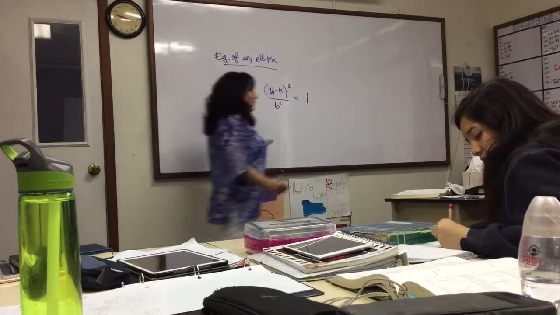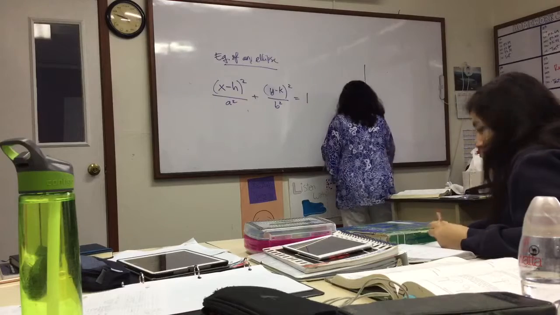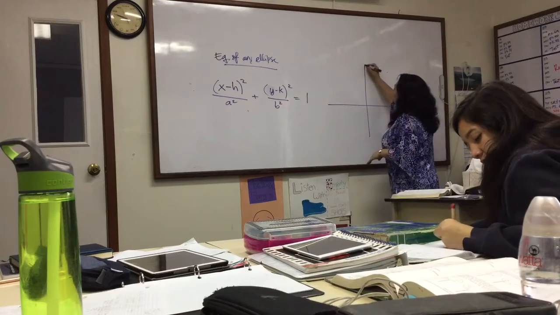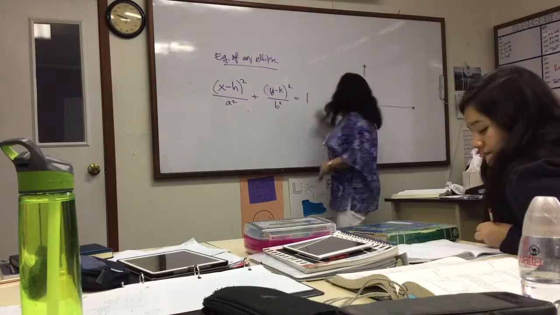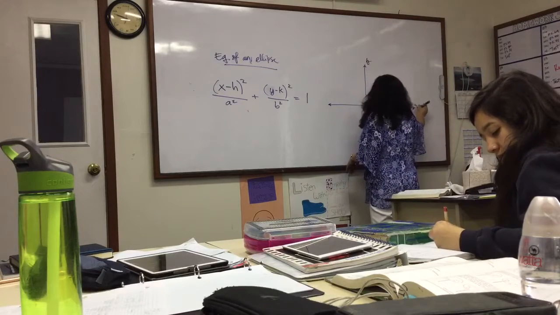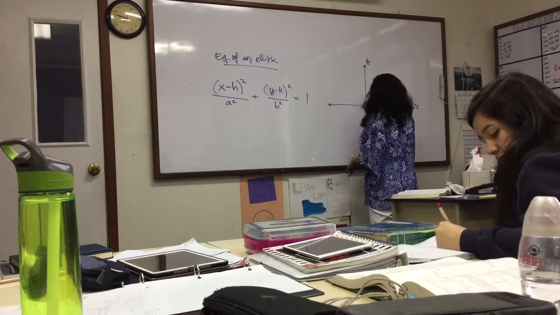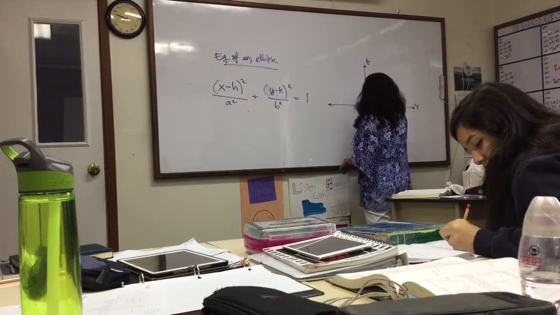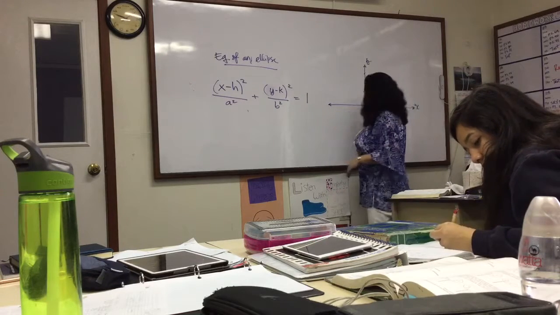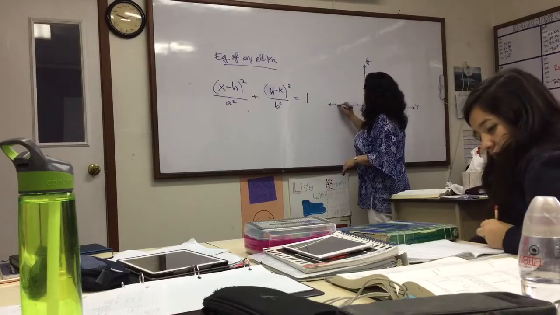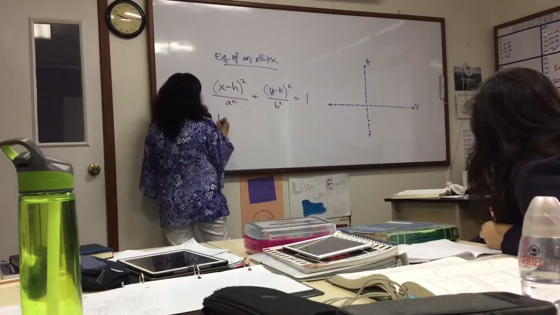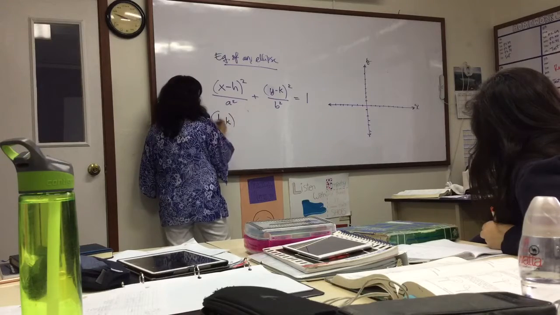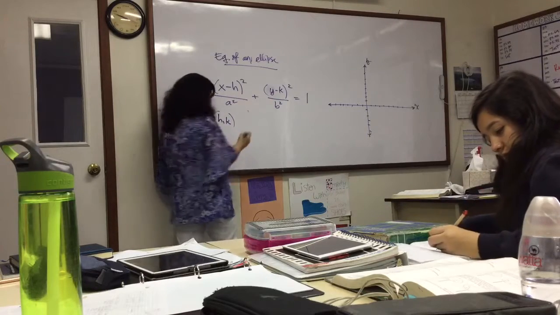What does this represent? I'm going to do it here. And how do you use it? Okay. Y, X. Okay. Now, this, your H comma K, is still going to be the center.